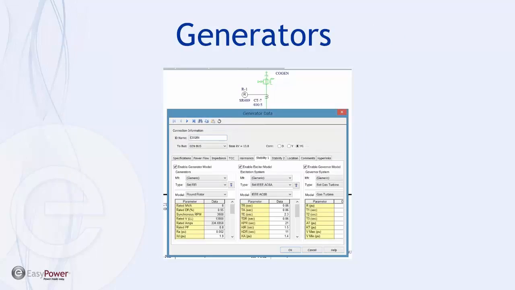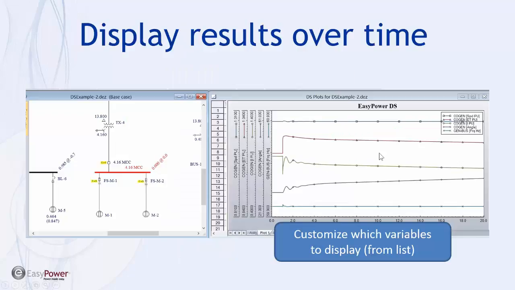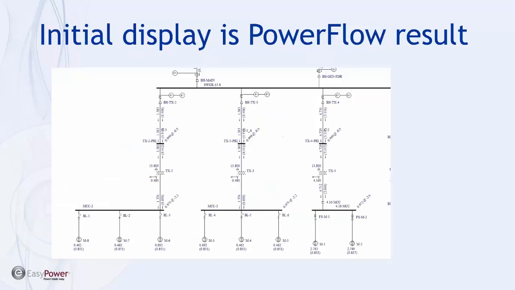Likewise for generators. The stability tab gives us the ability to both enable the model, but then bring in the typical data from the library. As part of our demonstration, we're going to show what the one-line diagram will illustrate, along with the real-time parameter changes and plots that can be customized based upon what we're trying to learn.